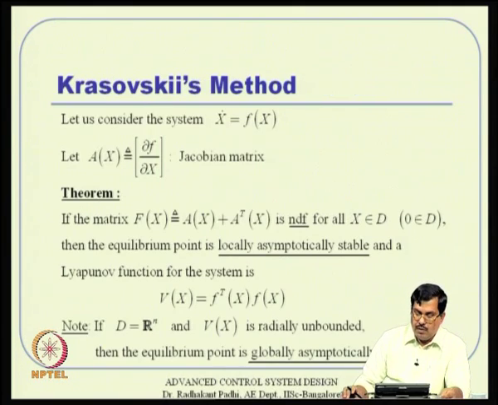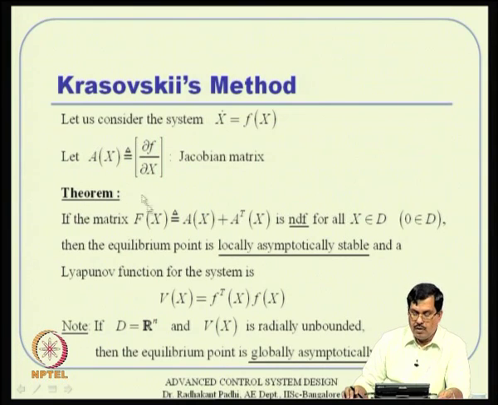All right. Then we also studied Krasovskii's method, where one version of the theorem is very straightforward. Given the system dynamics, you formulate this A of x. This is not linearization, it is simply computing the Jacobian matrix in a symbolic form.